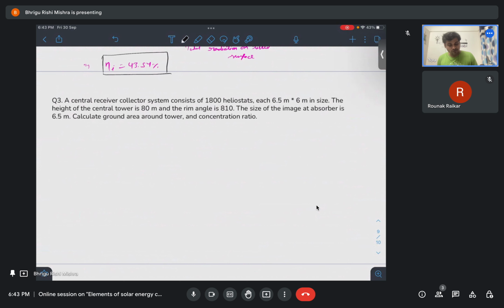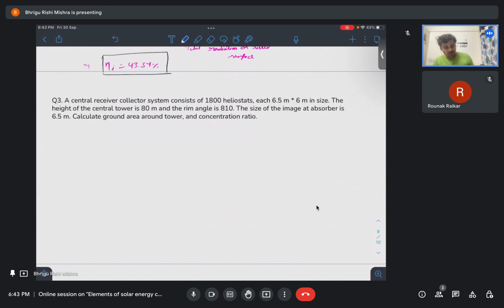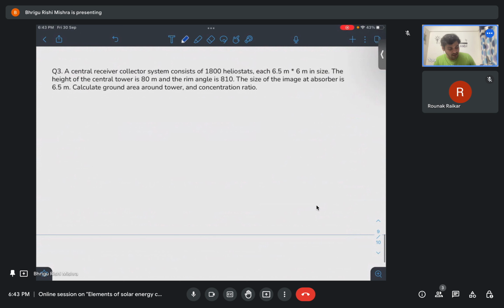Okay, so this is the last question for this session, and it is on central receiver tower. Just to remind you, in this case we have heliostats placed on the ground in a different manner, and then we have a big tower here, the receiver.